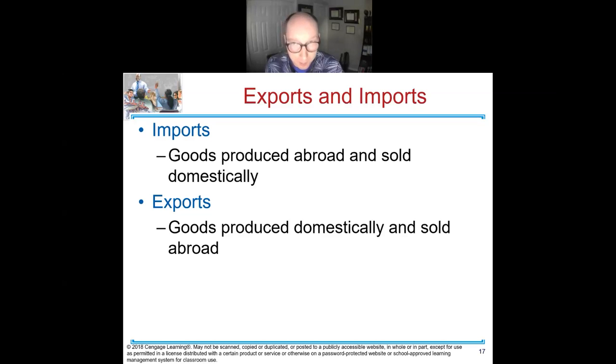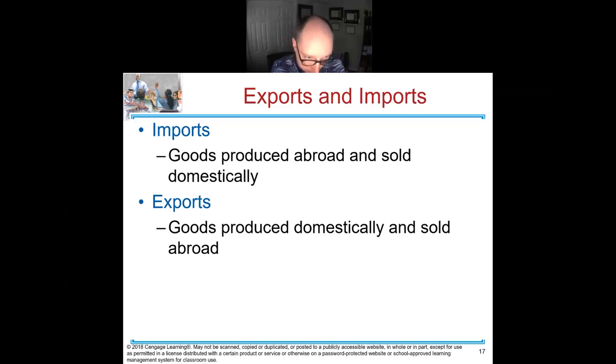Imports and exports, let's talk about them. Imports means we are purchasing our goods and services abroad from another country and importing them to our country to be sold domestically. In other words, another country manufactured the product. The United States is going to buy the product from that country and then sell it within the United States.